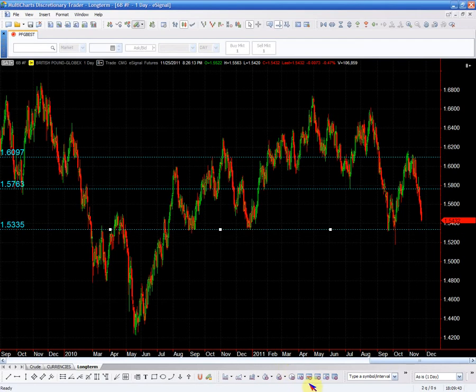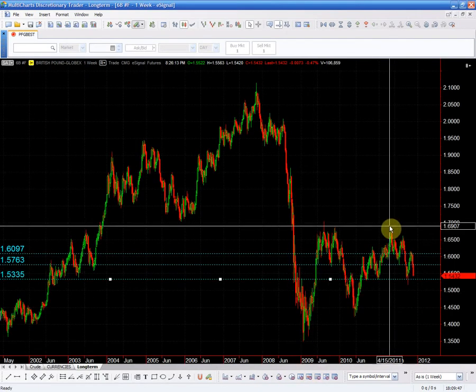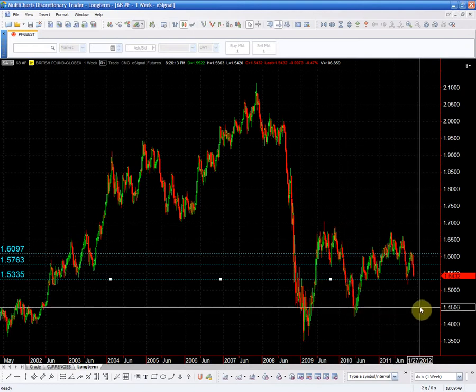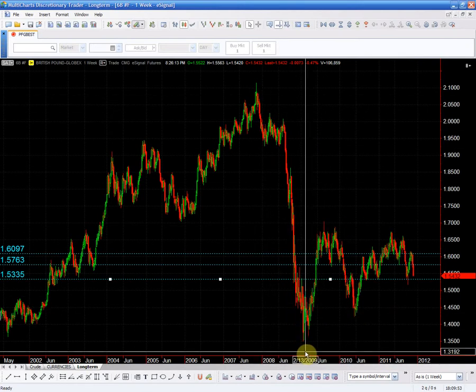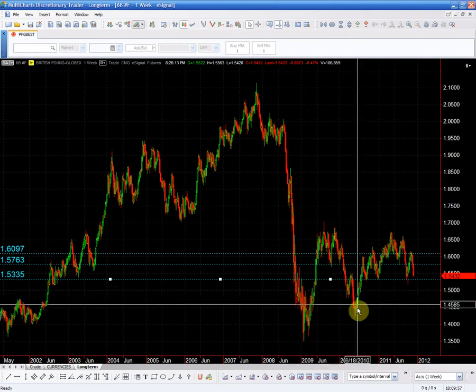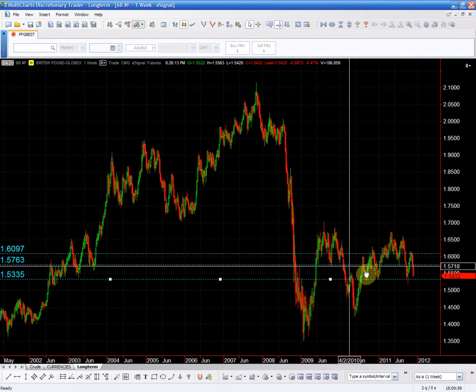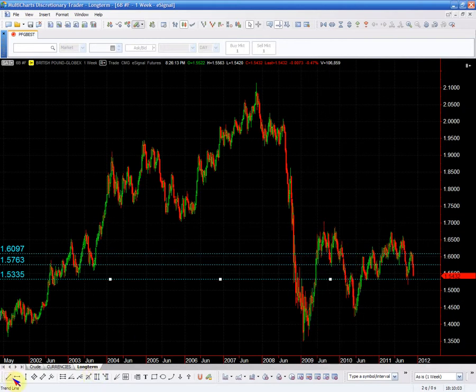And if you look at the weekly chart for the British pound, this is the major trend versus the dollar, entrenched to the downside, and now we have been trying to move into a consolidation right here.